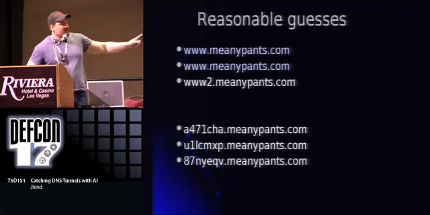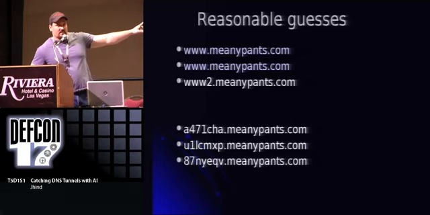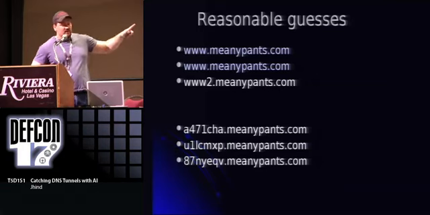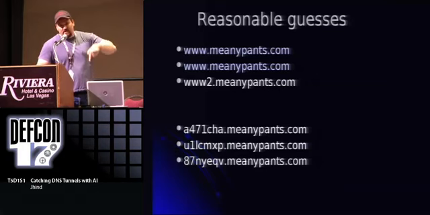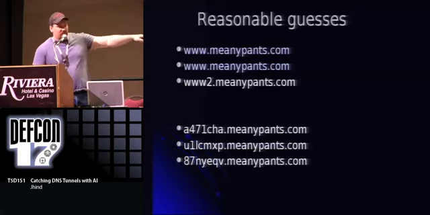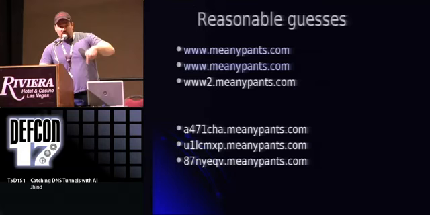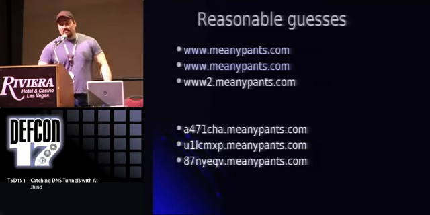And furthermore, if I give you a fourth domain request in the top group, and it is also www.meatypants.com, you're going to be even more sure that that's not a DNS tunnel, right? Why are you more sure? What happened in your brain? If I give you a fourth request on the bottom that is some random string .meatypants.com, you become more sure that those are not legitimate. Why?